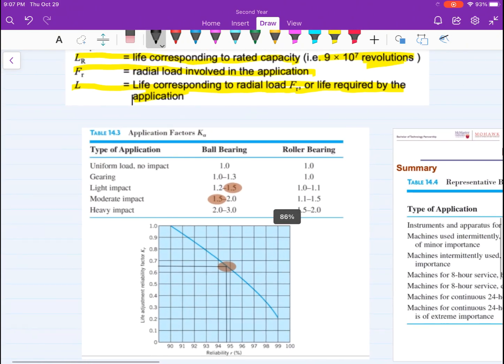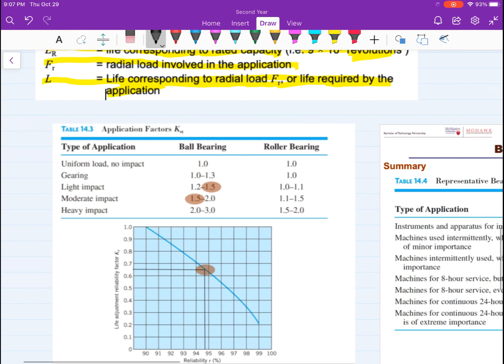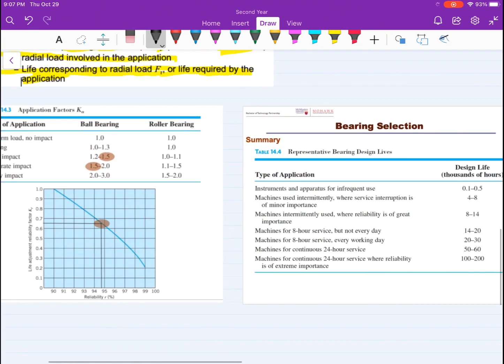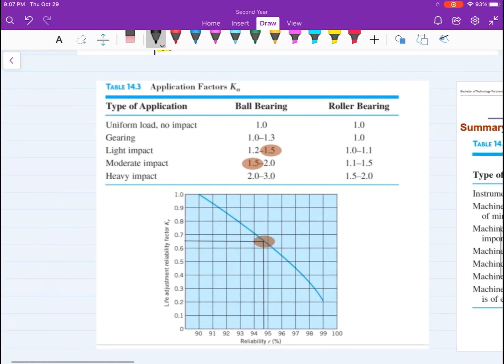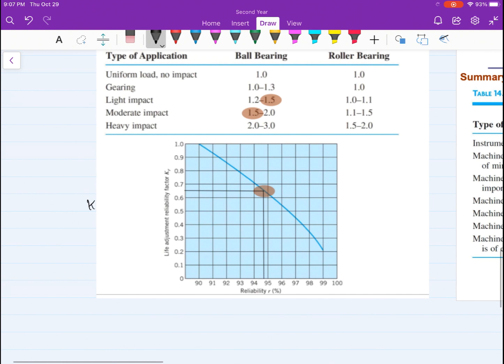When you calculate Ka, you're going to find a value. In the one we did in class, we were given a Ka value of 0.65, and it's the life adjustment reliability factor.